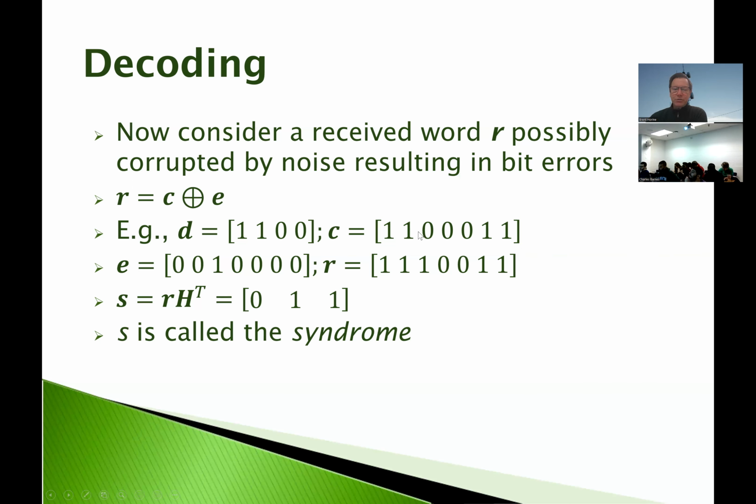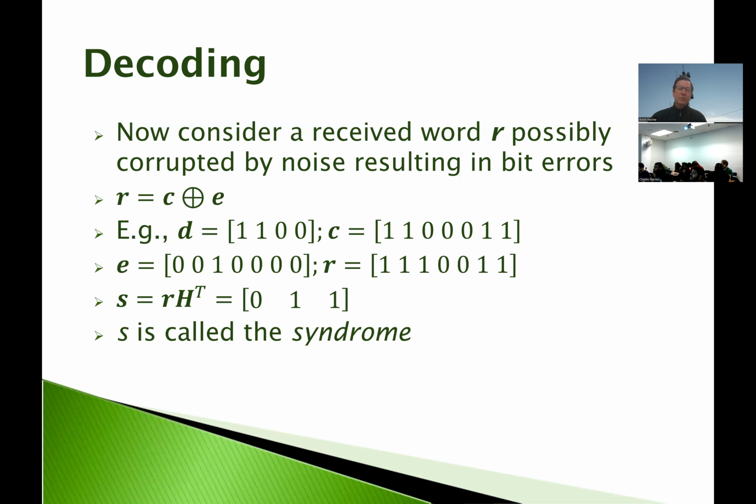So if we modulo 2 that with this C, then the first 2 digits are unchanged, but the third one is changed from a 0 to a 1. And then the next set of digits are the same. So we look at this R and we can kind of predict that that's not going to be a legitimate code word.